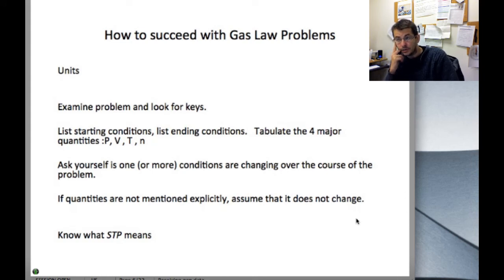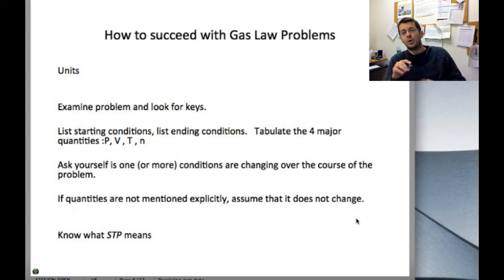As it turns out, there are 3 or 4 other gas laws, and then another one on top of that. So how do we keep track of all these gas laws, and how do we ensure that we are successful? Well, there are a couple of things you can keep in mind that maximize your chances. The first is units. Surprise. It's like the only thing we've been talking about.